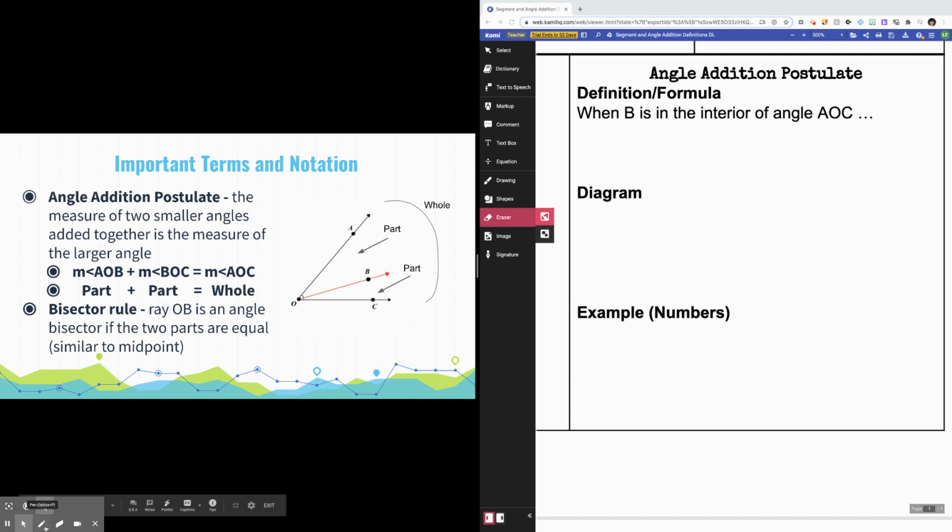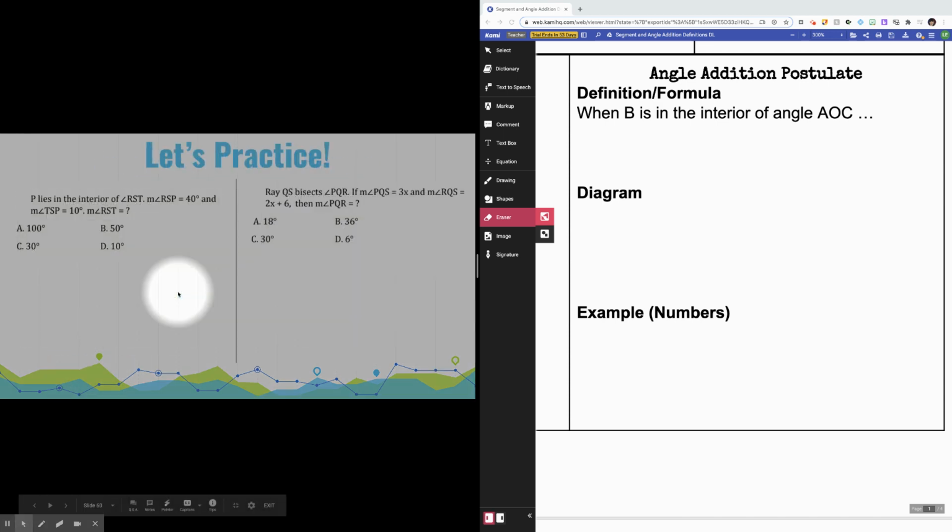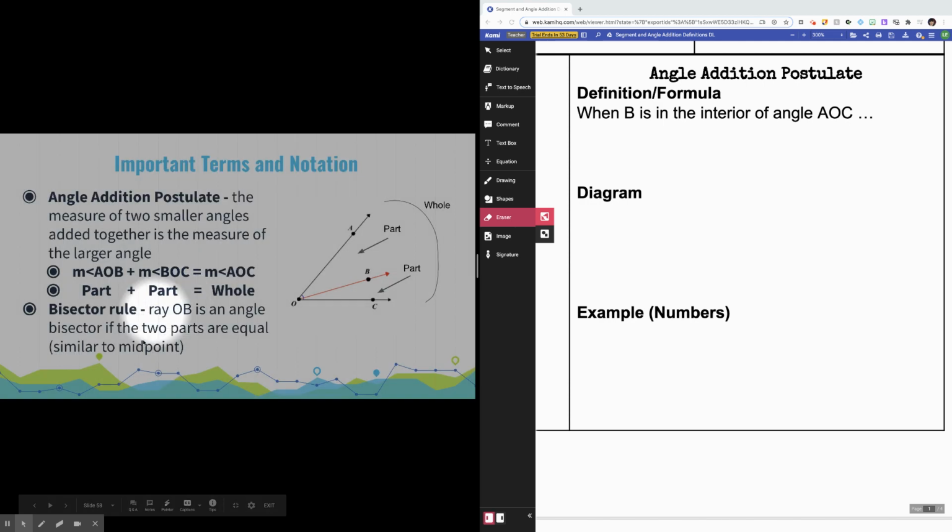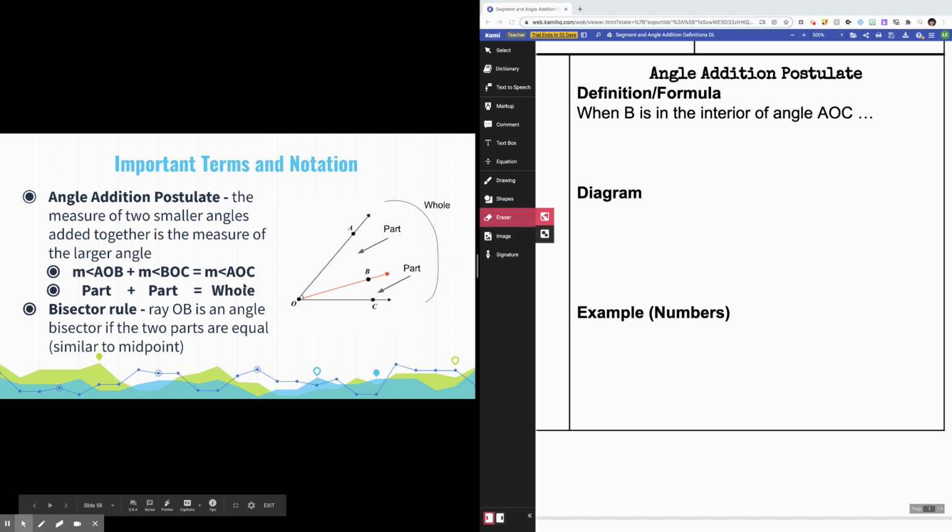Okay, so just like with segments, the angle addition postulate is just part plus part equals whole. Okay, that's all you're doing, really and truly. You're taking the two smaller parts of an angle, which are included on the inside.